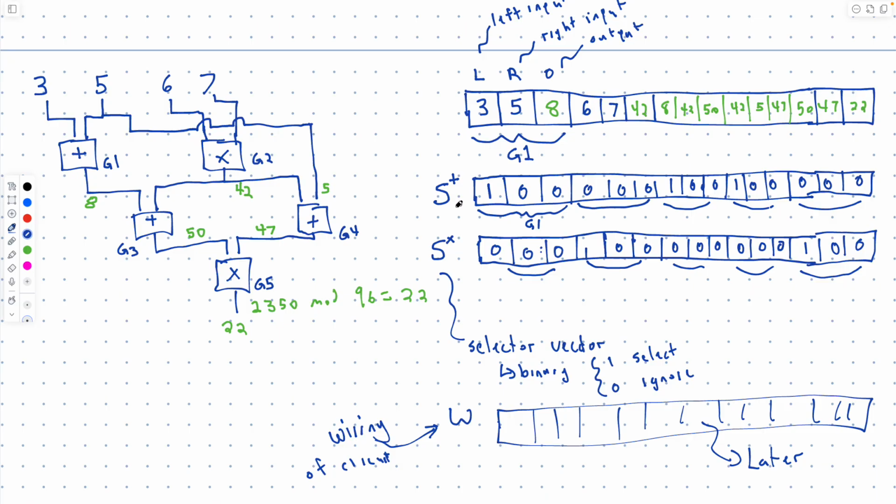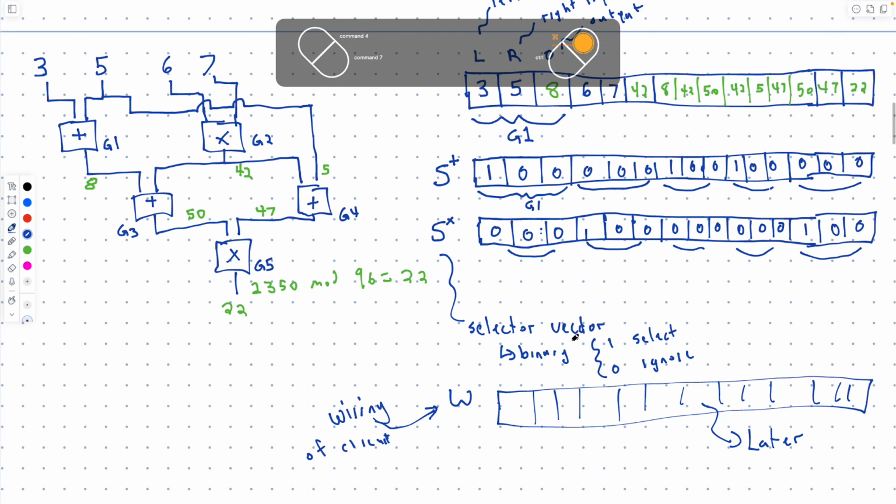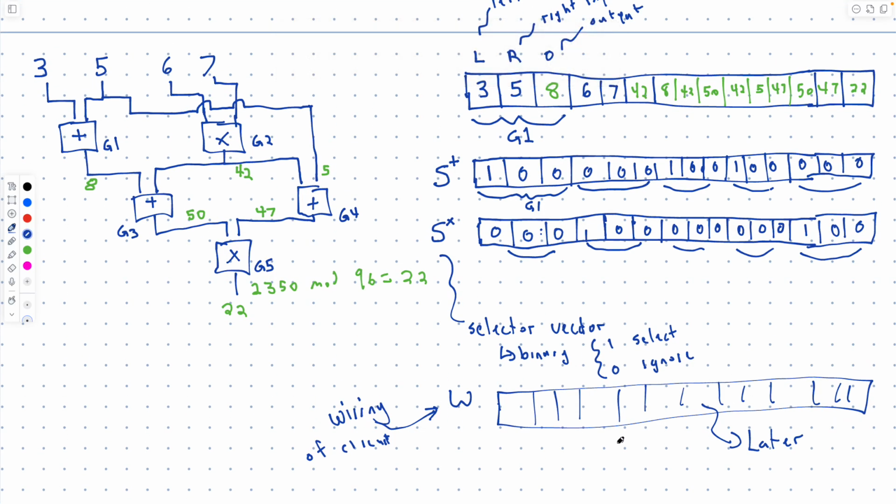The wiring polynomial we haven't talked about yet. You can think of it as it's going to be a polynomial, yeah. But it's too hard to explain now. It has to do with shuffles, actually. So what you're doing is you're writing down all the wires. You're going to number all the wires. You're going to write them down in order.